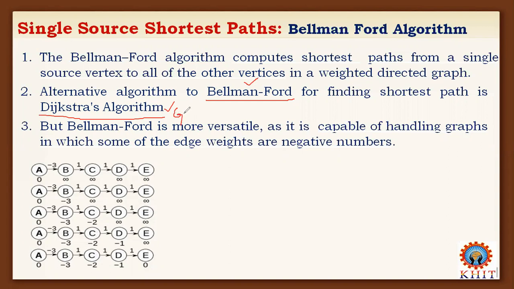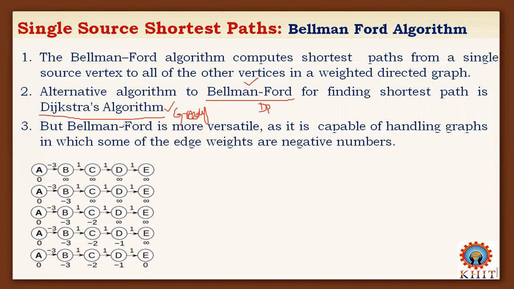Whereas the Bellman-Ford algorithm is solved by using the technique called DP, which stands for dynamic programming. And what is the difference between Dijkstra algorithm and Bellman-Ford algorithm while solving the shortest path problem, we will see clearly in this section. Okay.